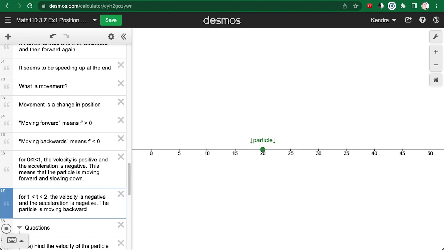If the velocity is negative and decreasing, the acceleration is the derivative of the velocity. So if the acceleration is negative, that means the velocity is decreasing. And if you have negative numbers that are decreasing, they are getting farther away from 0. So they're becoming bigger negative numbers. So that tells you that the particle is actually speeding up.